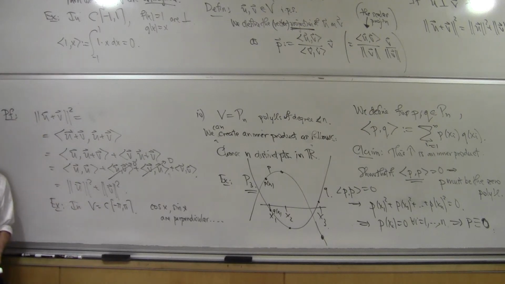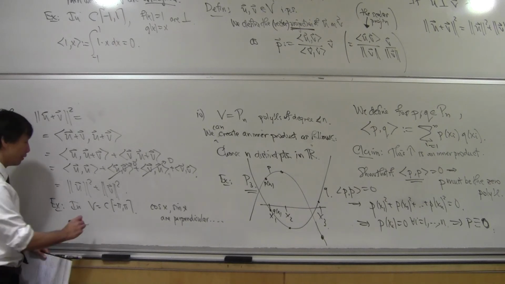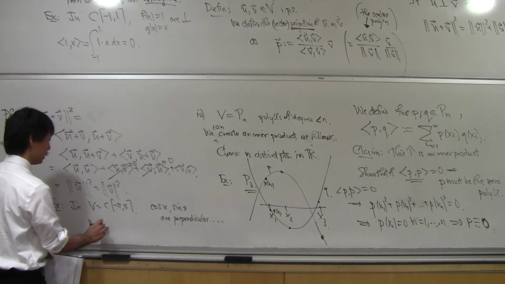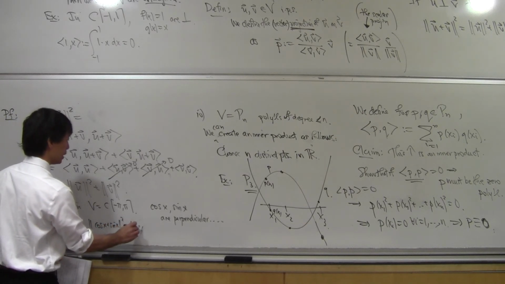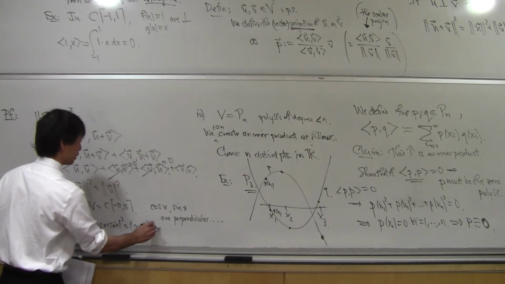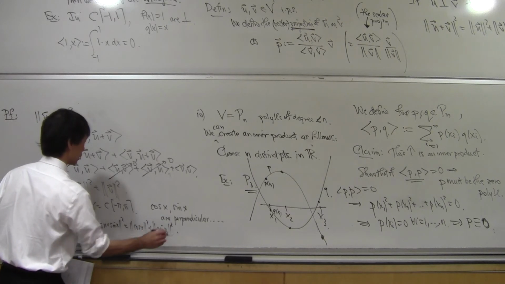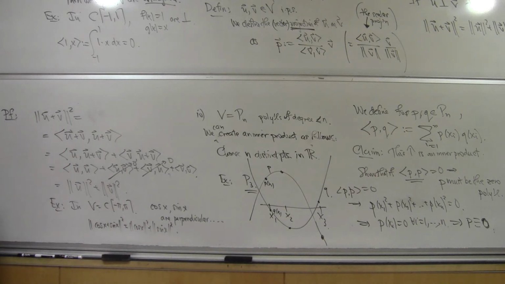Cosine and sine are perpendicular, and so you can use the Pythagorean theorem on them. The norm of the sum squared equals the norm of cosine squared plus the norm of sine squared. Even though there's no triangle here, you can see it.